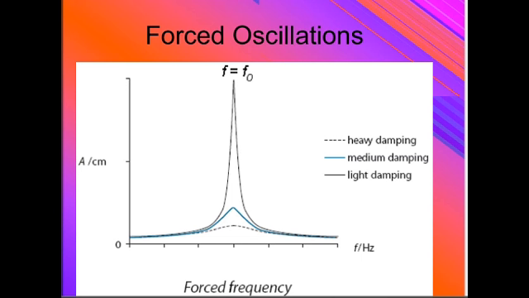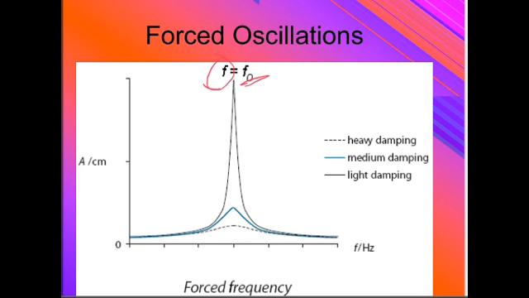And here you can see that if the frequency of the driver, which we'll call F, is equal to the natural frequency, which we'll call F sub 0, you get a very steep peak where we're increasing the amplitude significantly.